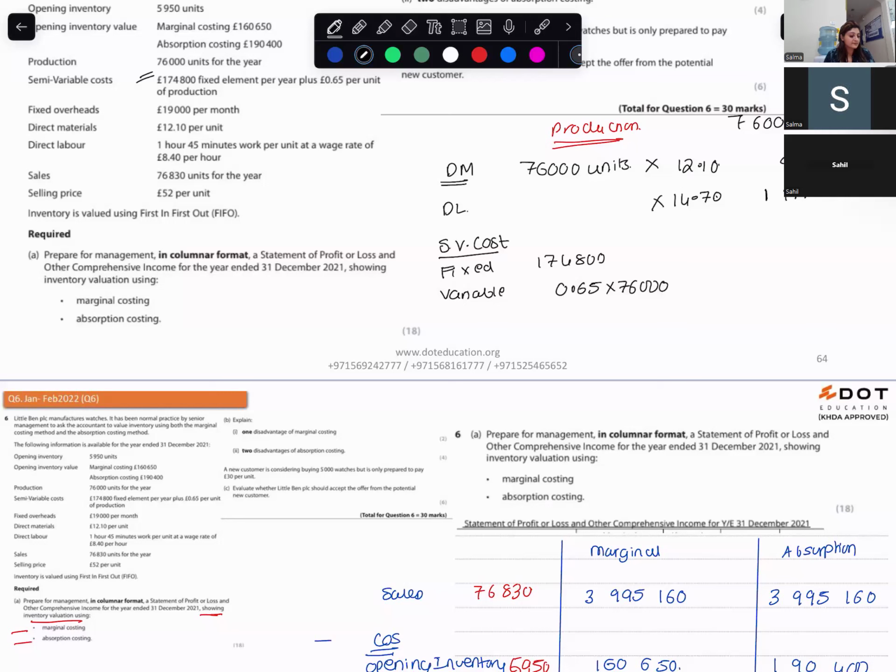So 0.65 times 76,000 is 49,400. Plus 174,800, the total semi-variable cost would become 224,200. Yes.